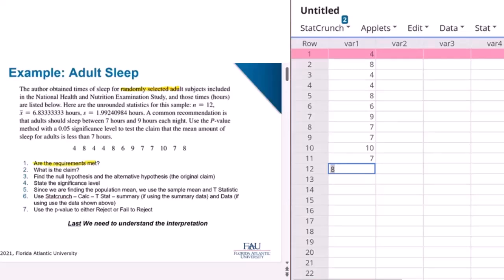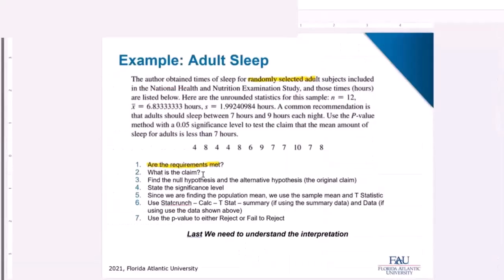The next thing we want to do is find the claim: to test the claim that the mean amount of sleep for adults is less than 7 hours. We have a null hypothesis, H sub 0, and H sub 0 always has an equals.